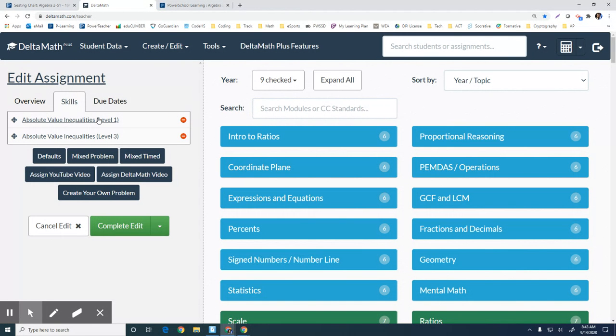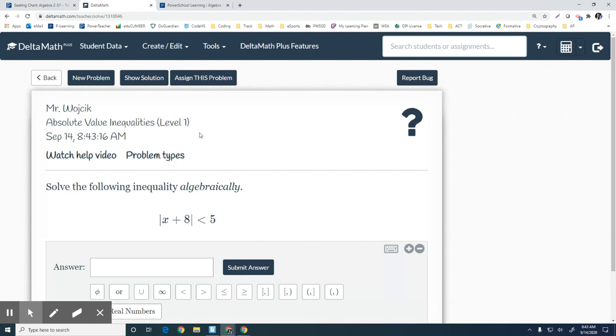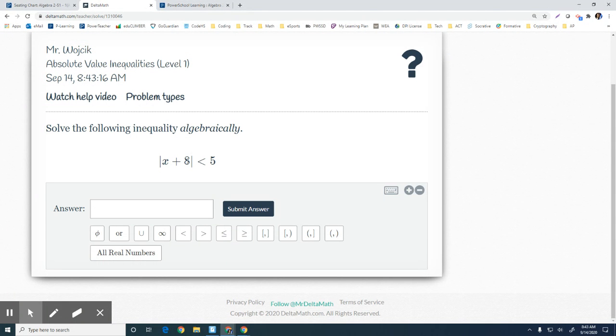So your assignment for today is very simple, where the absolute value is already going to be isolated. The absolute value is already by itself. So from this step right here, you're just going to write your two separate inequalities.